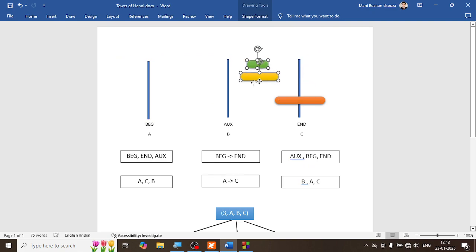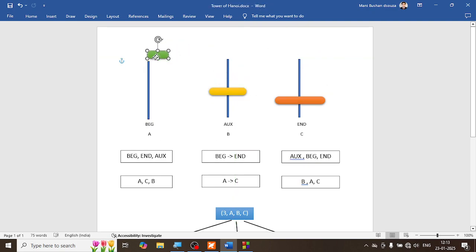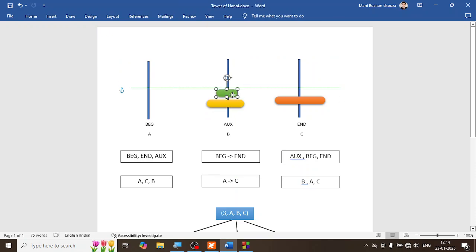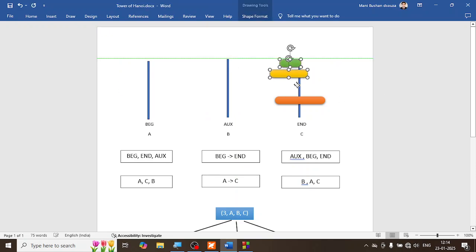Okay, you can't directly move it. So what you can do is take one disk at a time. You can take one disk, place it at the beginning, move it to this one, then take this one to the other side. Okay, so you got it. In other words, these two disks were here. I don't know what you're going to do, but just take them and put them on the other side.